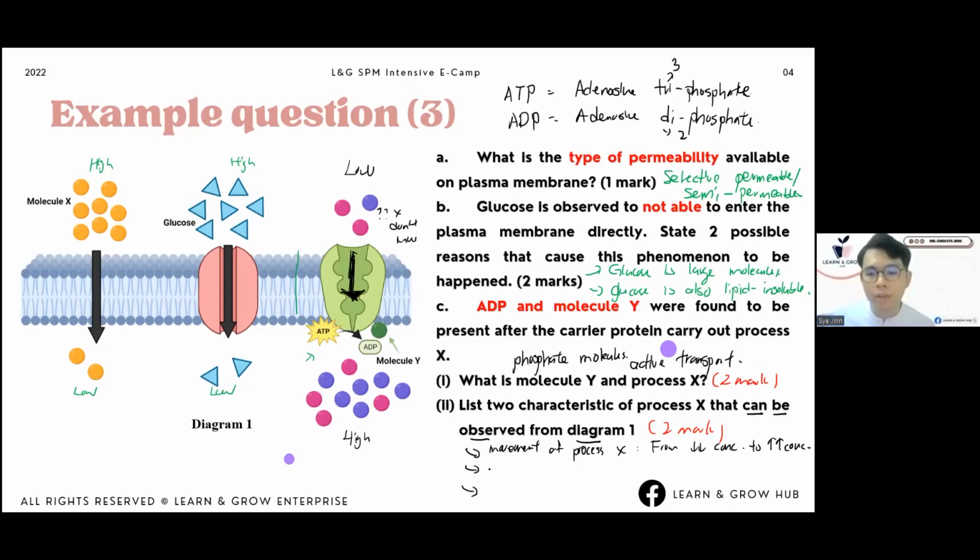Secondly, process X is against the concentration gradient. And last point, process X requires ATP. Very easy. You have three choices to write in the answer, but you only need 2 marks here. So if you can understand any 2 of them, you can get full marks in this question.